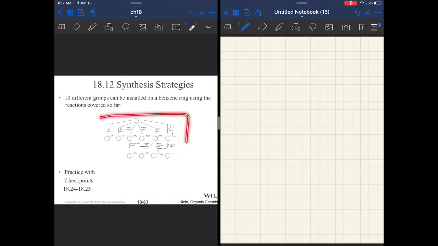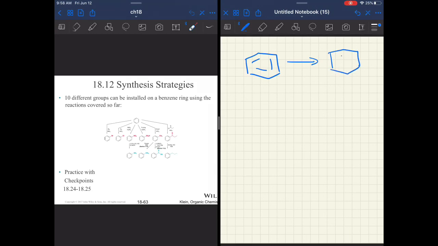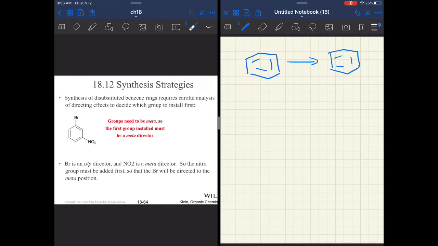Synthetic strategies. That's what I want to talk about right now. If I ask you to give me the reagents that would take me from benzene to a substituted benzene, let's say we were going to do Br and NO2. I know that there's two reactions that I need.